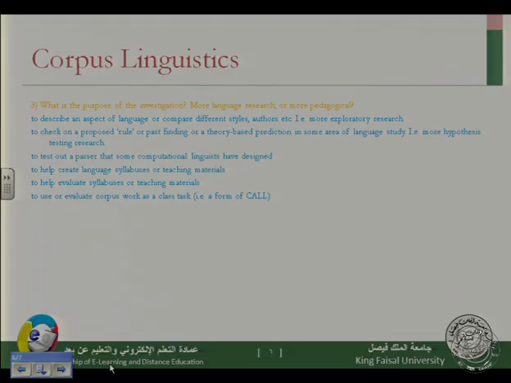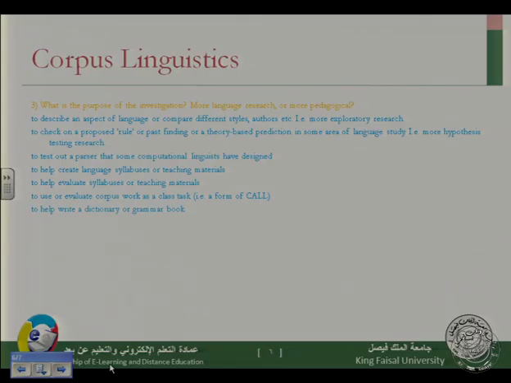You give them, well, give me the difference between reason and cause. What is the difference between reason and cause? And then they go to the computers, they log into the corpus, and try to find the differences between the two words. So it can be a class task, a form of CALL task.